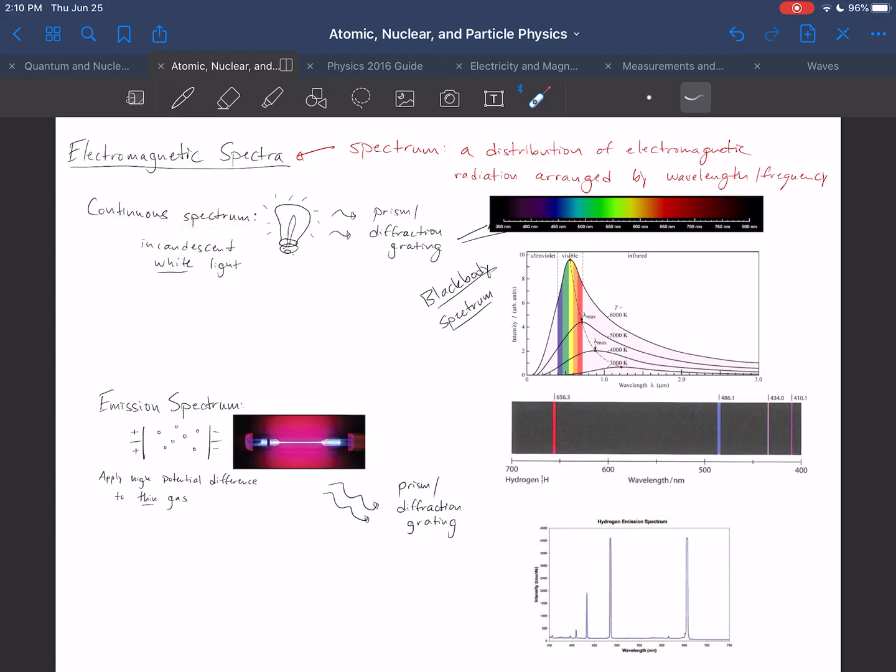Well, if you take this light and you shine it through a prism or a diffraction grating, both of which we discussed in topic 4, that will spread the light out into its different wavelengths. Why? Well, in the case of a prism, it's because the refractive index of the prism depends very slightly upon wavelength, and so a prism will distribute those wavelengths into a spectrum.